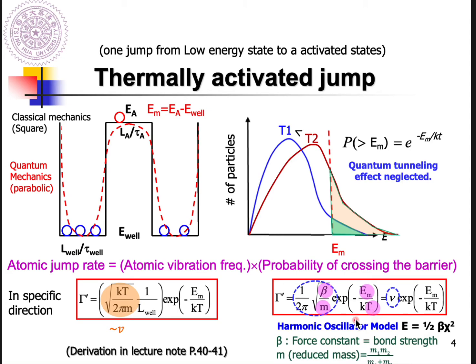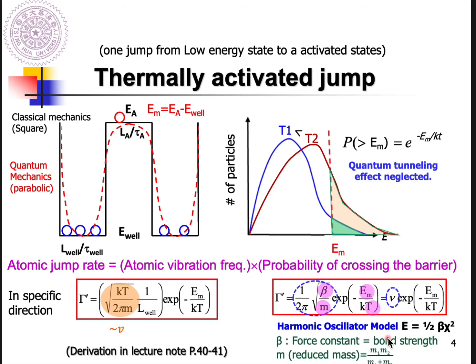Based on these results, you also can have some concepts. For example, beta is bond strength, and reduced mass is correlated with what kind of atoms we are talking about.